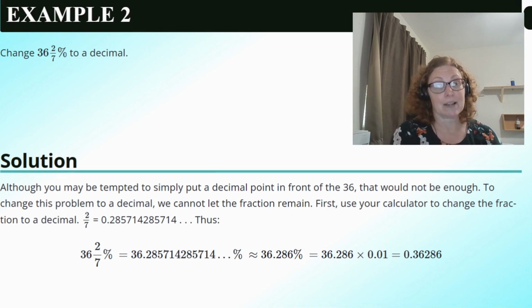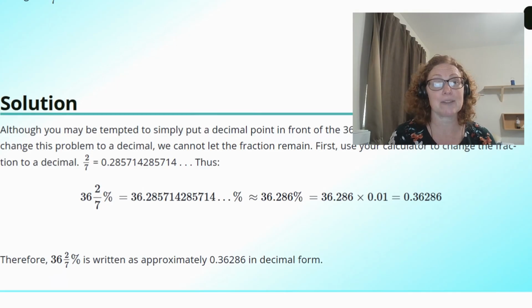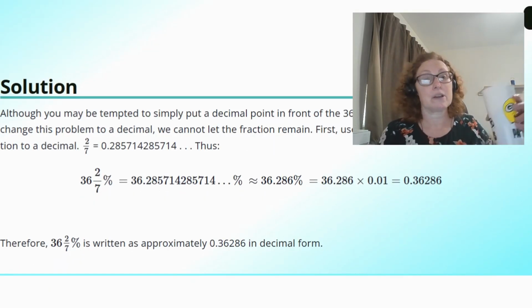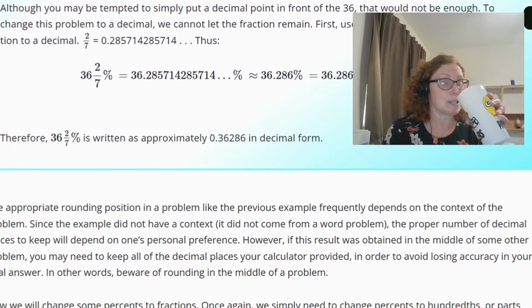At this point, after we changed the 2/7 to a decimal, you could do the moving the decimal thing and make it 0.36286, but you cannot do that before you change the 2/7 into a decimal. Does that make sense? Everybody got that? So 36 and 2/7% would be 0.36286.